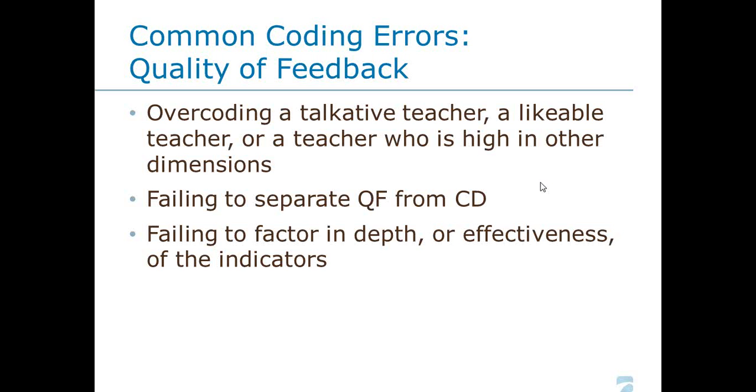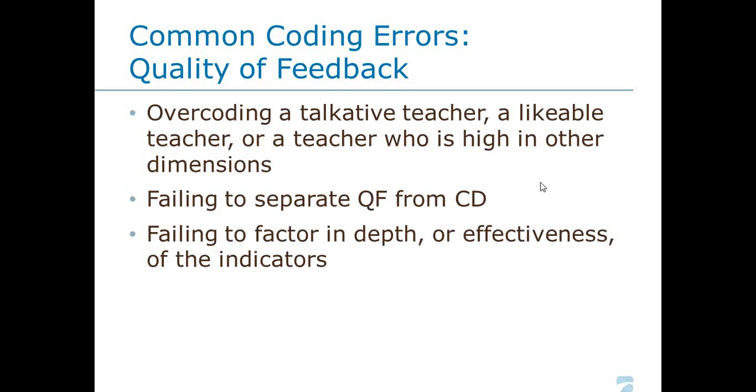So overall, we can see mid-level quality of feedback. We generally see something, but it's either not frequent, or it's not pushing them to think very far, or it's really not helping them persist. So we may see some indicators, but if you look at the definitions and the ranges and then read the detailed descriptors, your coders are going to see that we need to have frequency, depth, and duration.